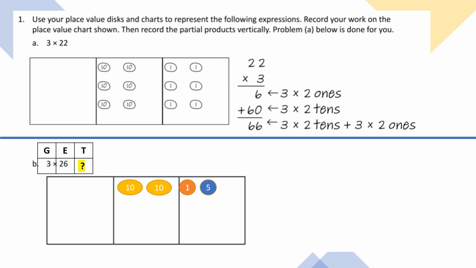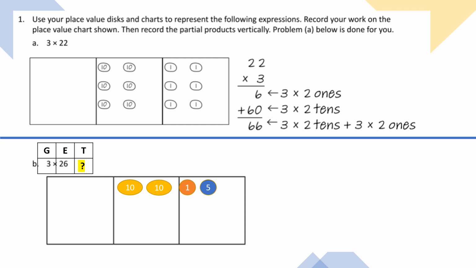That's my first row of 26. I did 2 10s in the tens place and a 1 and a 5 in the ones place. So I want you to record your numbers the exact same way, or your place value discs the exact same way. So I have 1 row of 26.